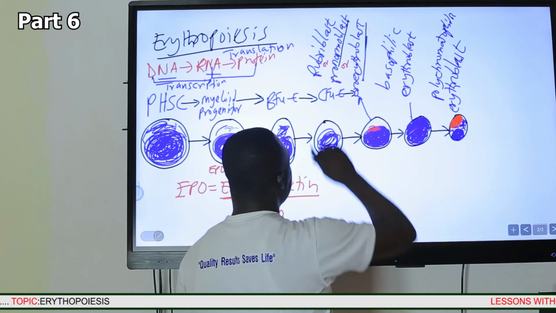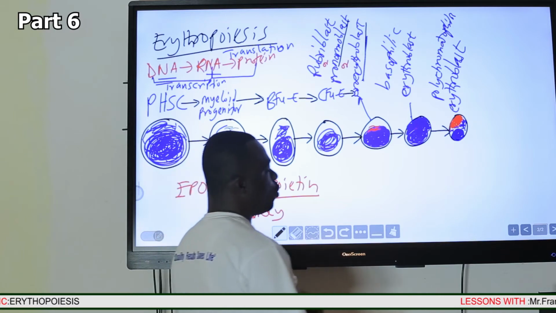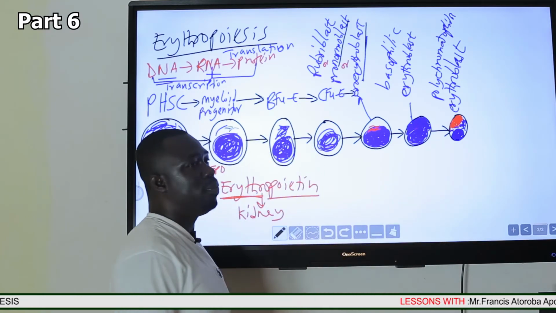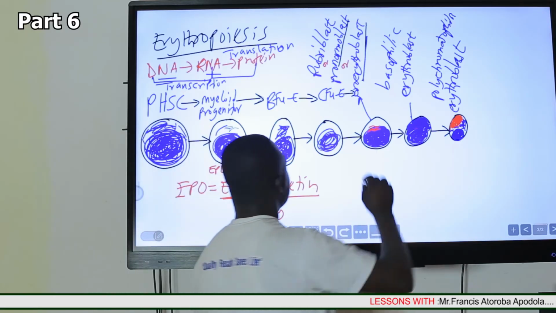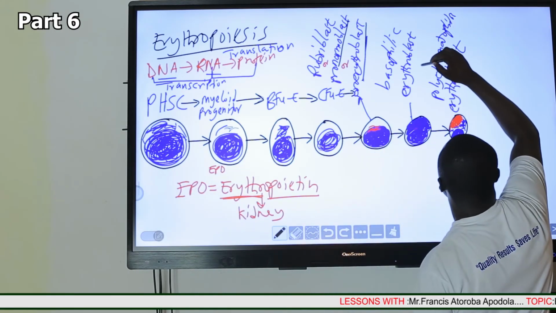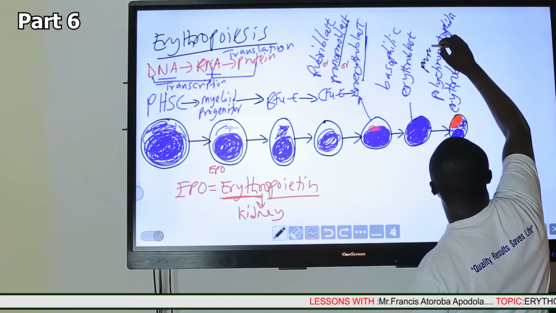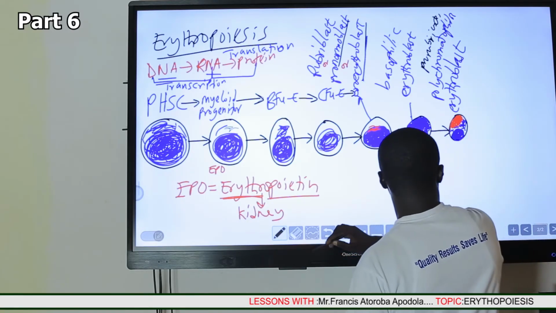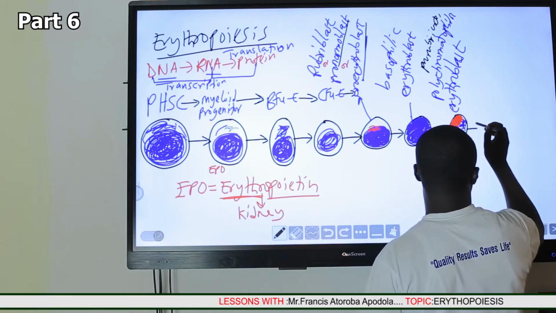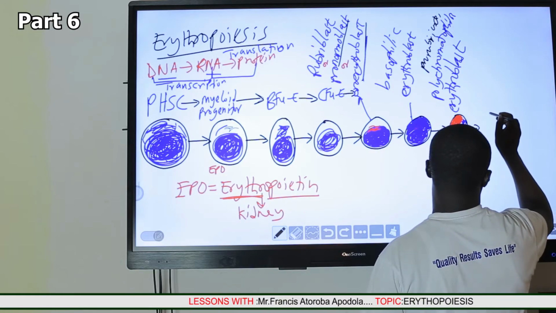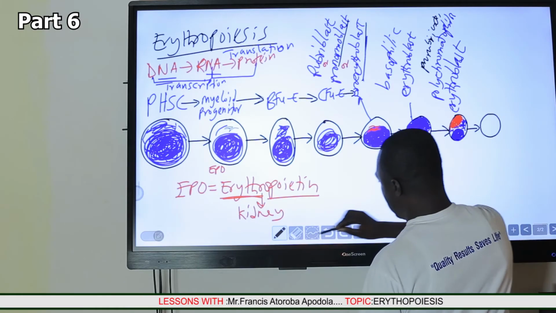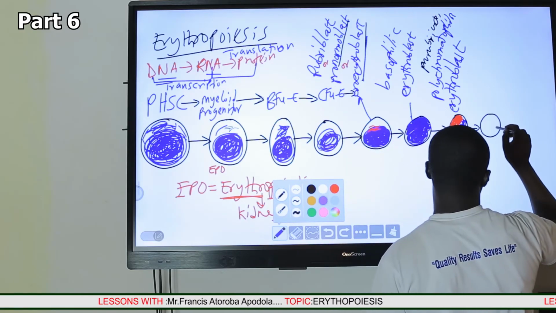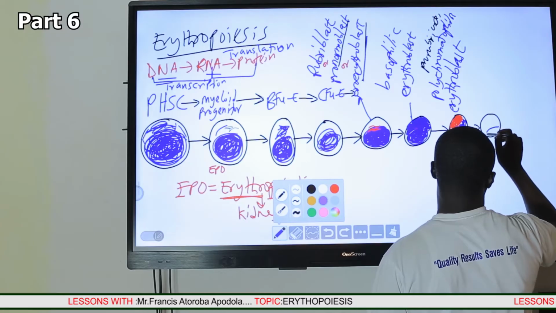And if you are going by the rubri nomenclature, this will be called the prorubricyte. So this undergoes further differentiation, and then we produce still the same normoblast or erythroblast.